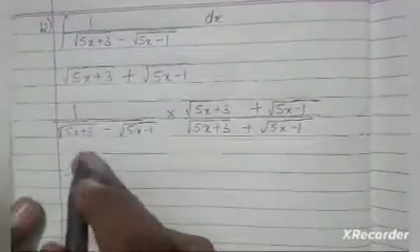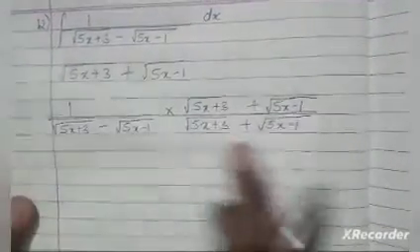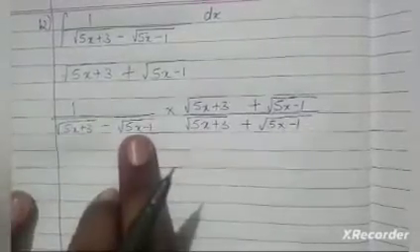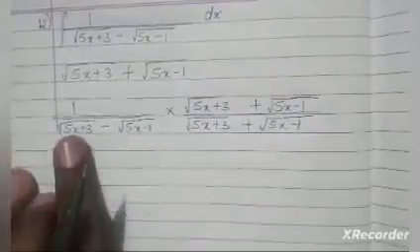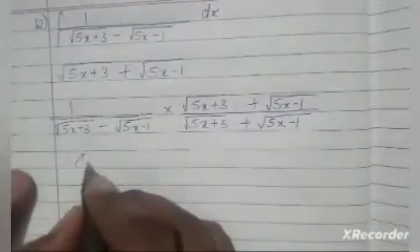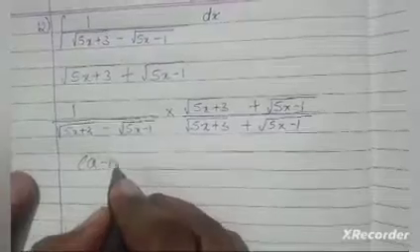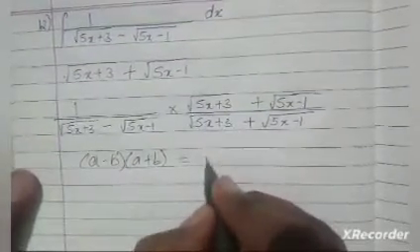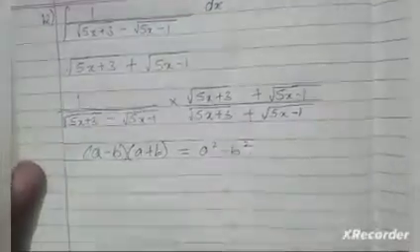But as we can see in the denominator, if we consider this as a and this as b, we are getting a minus b and a plus b. A minus b into a plus b has the identity a square minus b square.